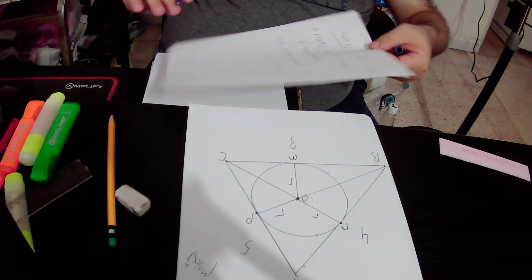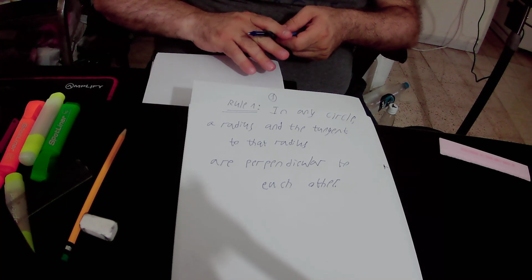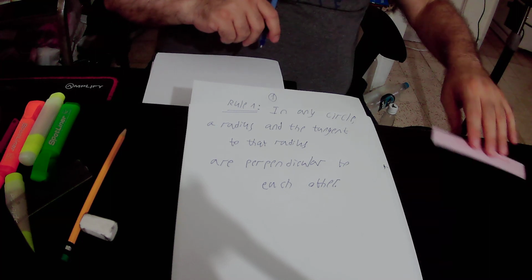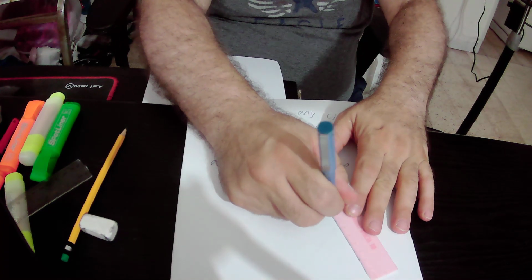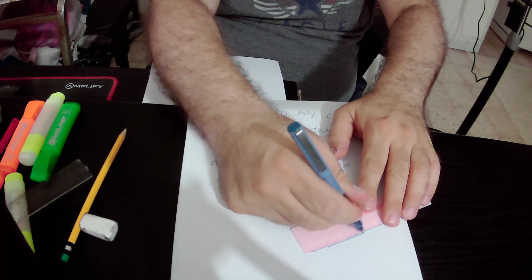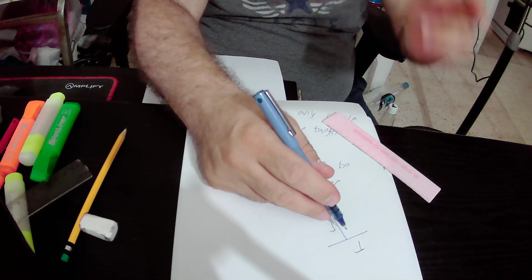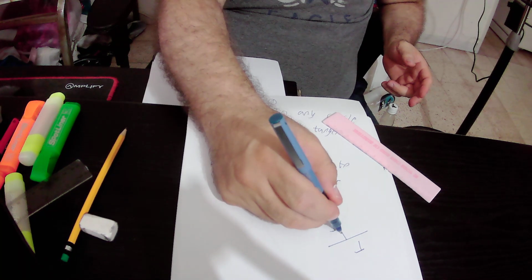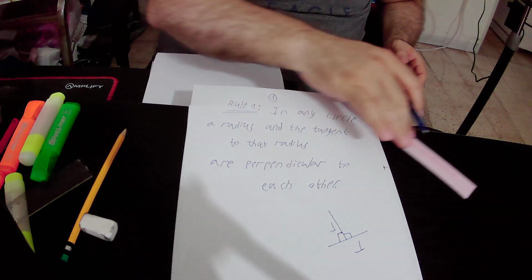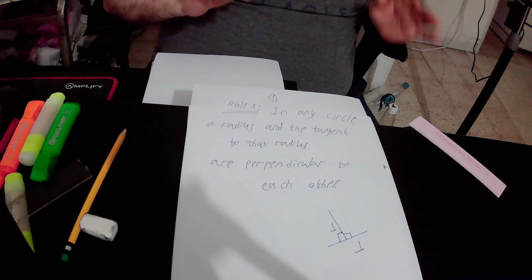So I will read rule number 1 again. In any circle, a radius and the tangent to that radius are perpendicular to each other. So if we have a radius, let's call it R, and a tangent to that radius, let's call it T, then the radius R is perpendicular to its tangent. That is to say, this angle equals 90 degrees, and this angle also equals 90 degrees.